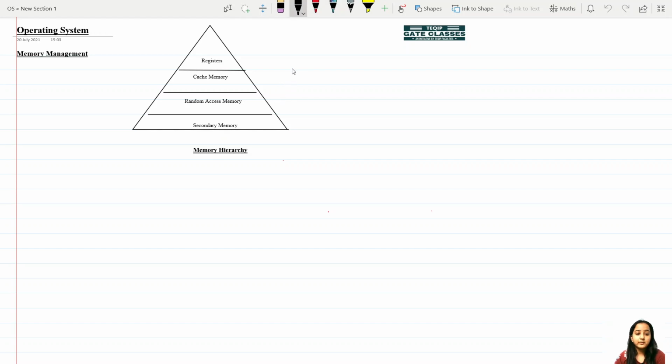So these memories are present in the computer according to three parameters: access time, the size of memory, and the third one is the cost. So according to these three parameters, these different types of memories are present.